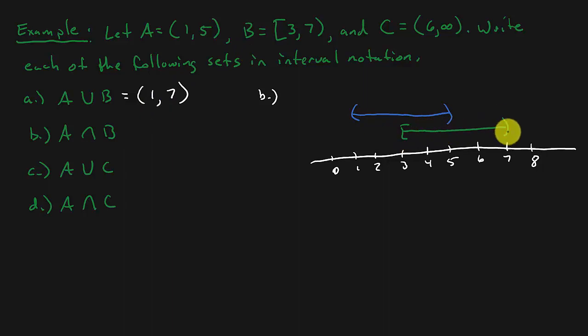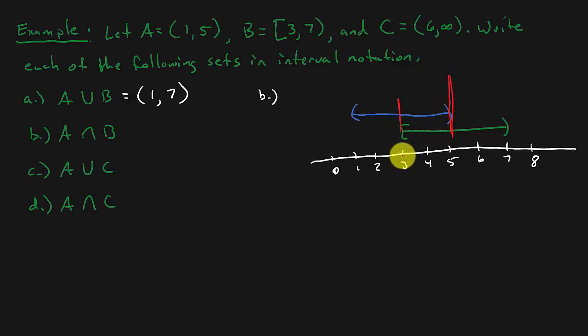Okay. And this time we want A intersect B. So that's A and B. So that is what they have in common. Okay. That's what they have in common. So in other words, that's where the lines overlap. And you can see they overlap here. That's where they overlap in here.